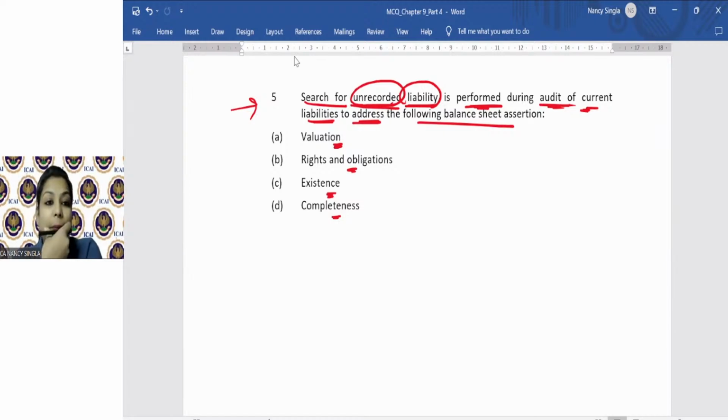Unrecorded liability. Varsha, Alok, Ayushi, Pranav, Piyush, absolutely correct. Others also please reply. So quickly, I am waiting for your replies. After your replies, we'll be starting with your last topic for today, which is provisions and contingent liabilities.